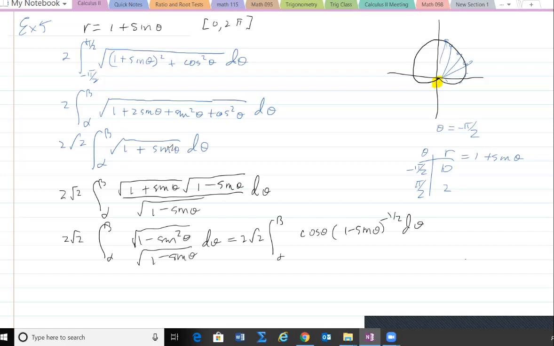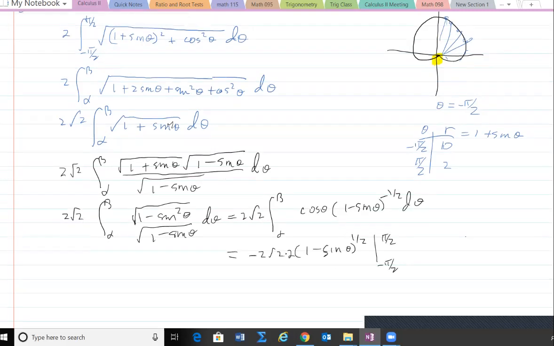We've got a u to the n du form here. So here's the u, 1 minus sine theta. Du is the opposite of cosine theta, so we just need a negative. So we'll have a minus 2 over 2, and we'll have a 1 minus sine theta to the 1 half. And then because you'll have a 2 out here because of that, and you're going to go from minus pi over 2 to pi over 2.